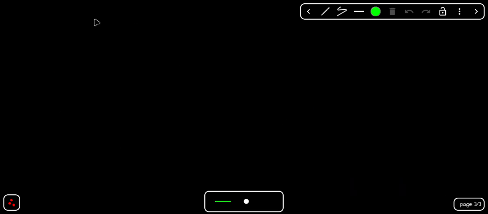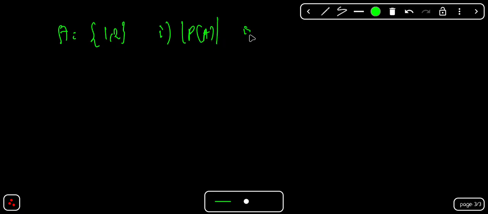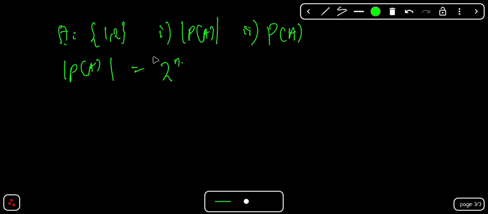Let's say set A equals {1, 2}. Then we are asked to find the cardinality of the power set of A, and at the same time the power set of A. The cardinality of the power set of A equals 2 raised to the power of n, where n is the cardinality of A. We have 2 elements, so n equals 2.